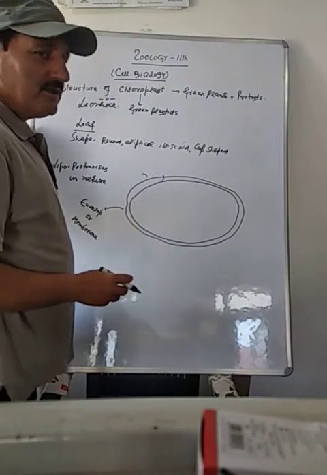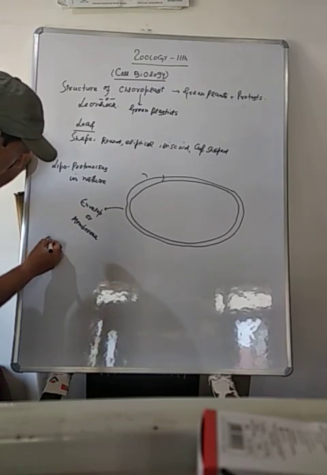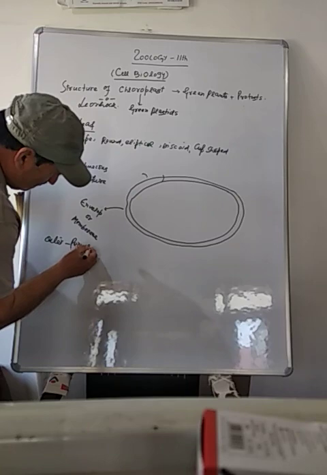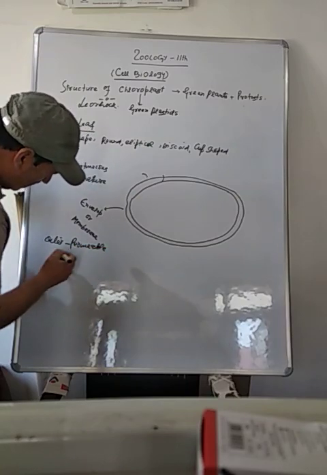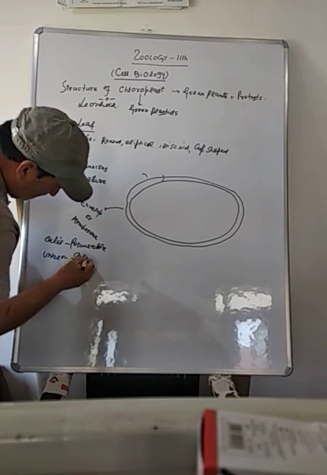The outer membrane is permeable, and the inner membrane is selectively permeable.